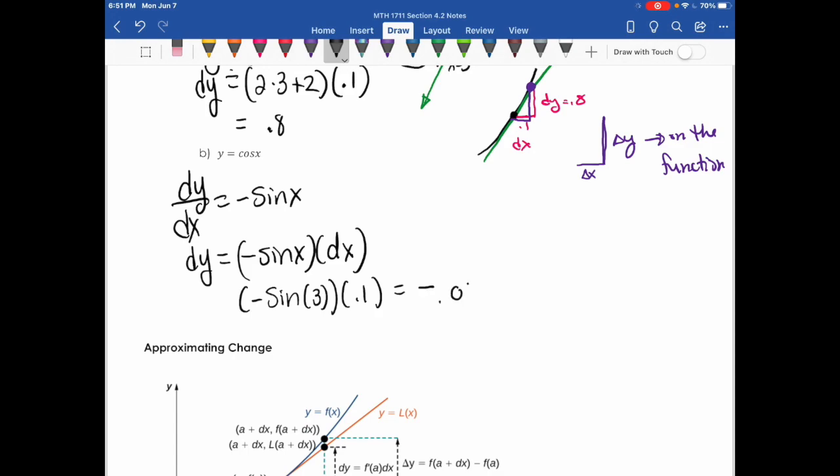And when I put that in the calculator, I get negative 0.01411.